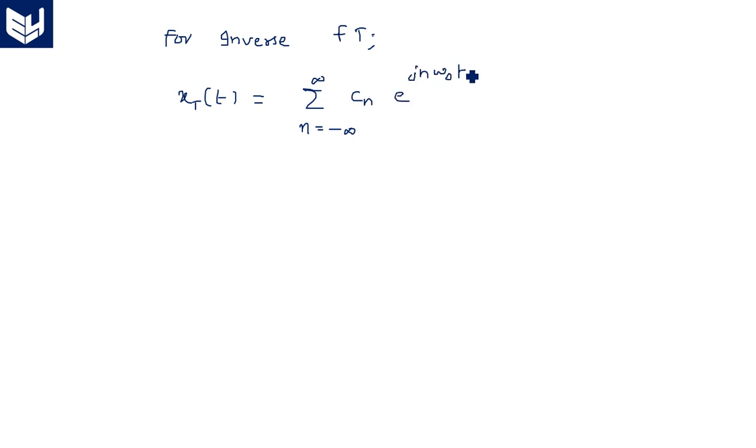So for the inverse Fourier transform, let us take x_T of t, which is a periodic signal. So x_T of t is equal to the Fourier series expansion, summation n equal to minus infinity to infinity c_n e power j n omega naught t.